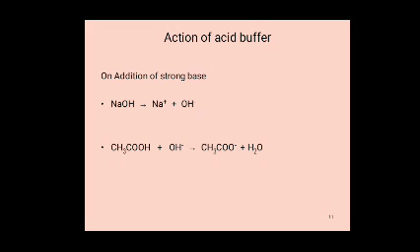Hence, the pH of the solution does not change. It does not increase hydroxyl ions in the solution, so it maintains constant pH. Reaction: CH3COOH plus OH minus to form CH3COO minus plus H2O.